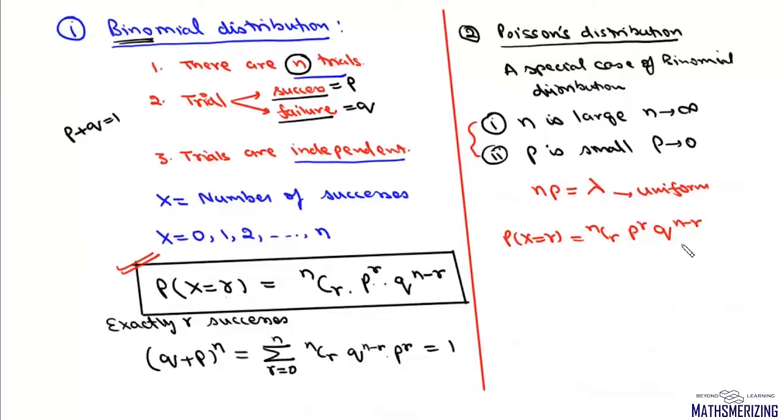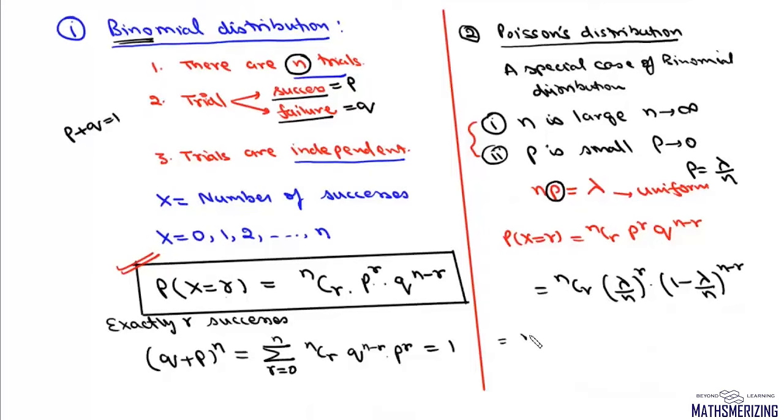Now q is basically 1 minus p, and we'll write this p as lambda by n. So we can write this distribution as nCr lambda by n to the power r, 1 minus lambda by n to the power n minus r.